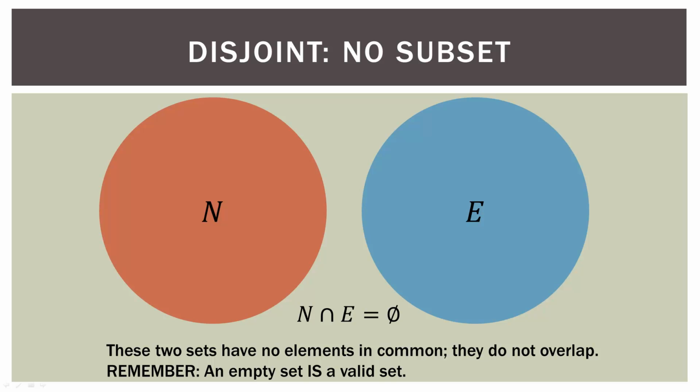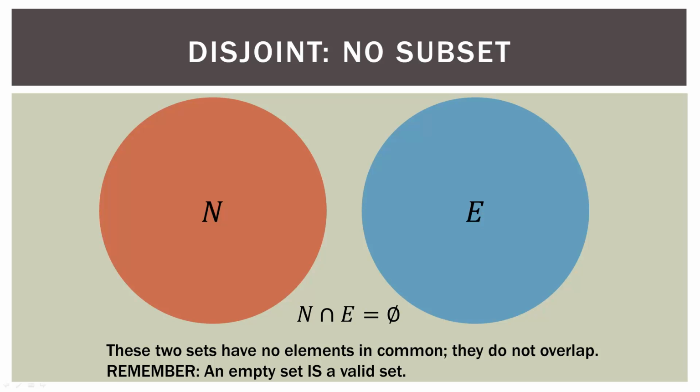So these two sets have no elements in common because they do not overlap. And there are no subsets or anything because one is not inside the other. But remember, an empty set is a valid set. It's actually a very important set in many instances. But an empty set is a valid set.